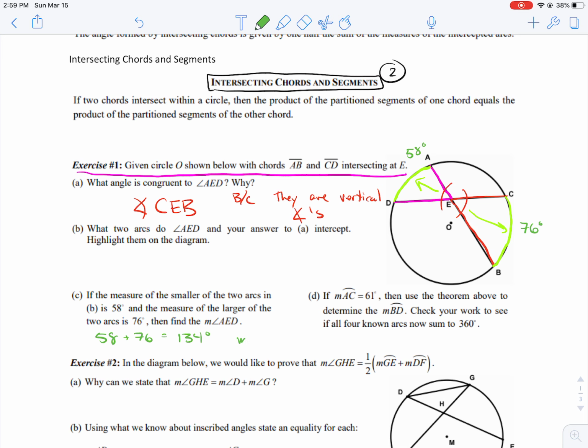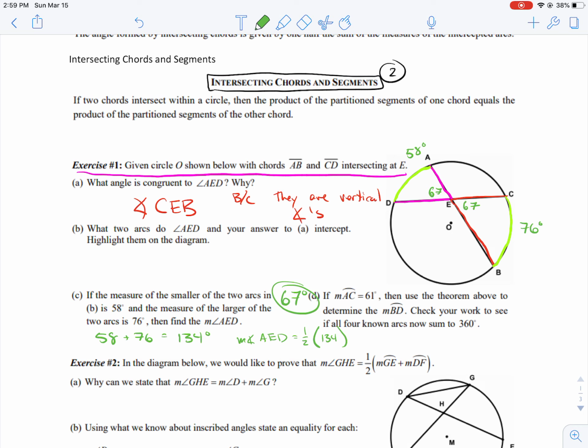And so the measure of angle AED is equal to 1/2 the sum of those two, which is 67 degrees. Mark that in there. So this is 67, and this is 67.